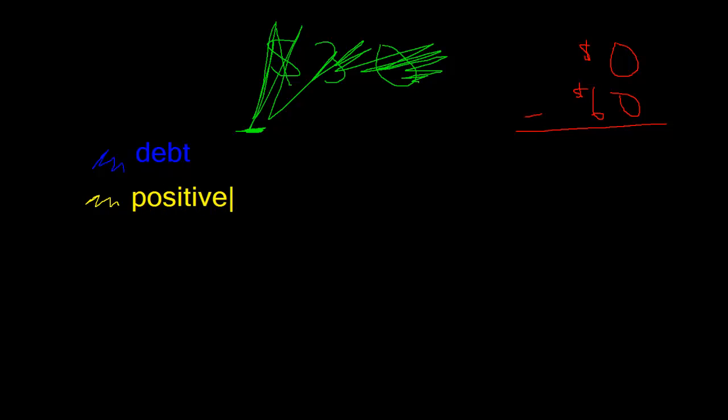So I had $0 to start off with when I left home, but I took off $60. So now I'm in debt, and debt is going to be represented by blue. When I have blue, I'm in debt. When I have yellow, that means I'm in positive, so to speak.